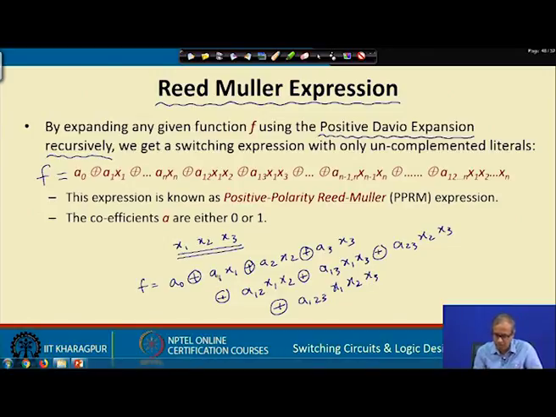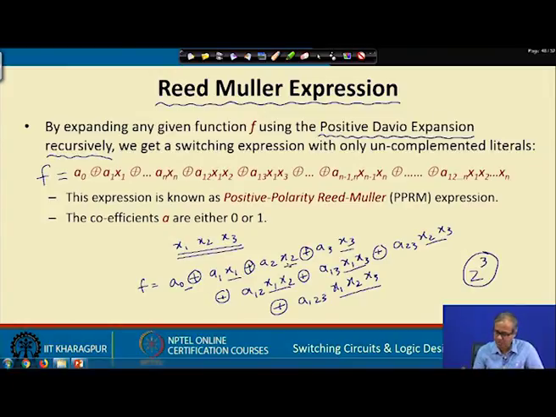So, you see all possible combinations of x1, x2, x3 are there: pairs, 3 of them taken together, and none of them. So, there are 2 to the power 3 or 8 such AND terms, product terms.